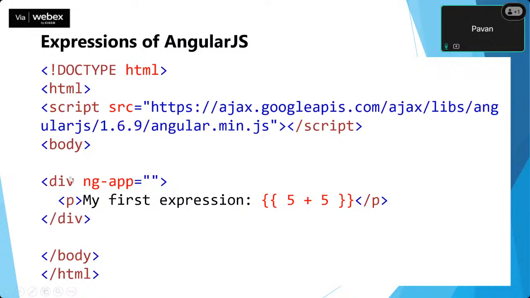After that, in the body, we have made one division, and inside that we have given the name. Like here, we have not given the name in the double quotes, but inside those double quotes, we have to give the name of this web application.